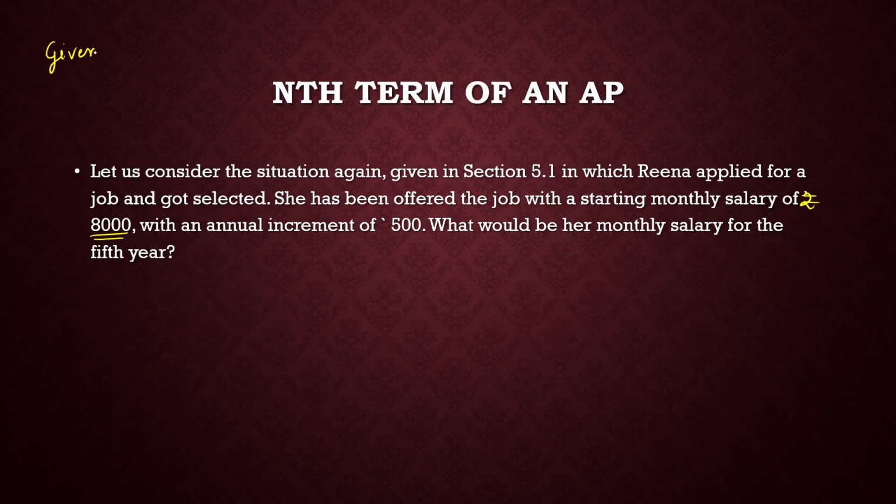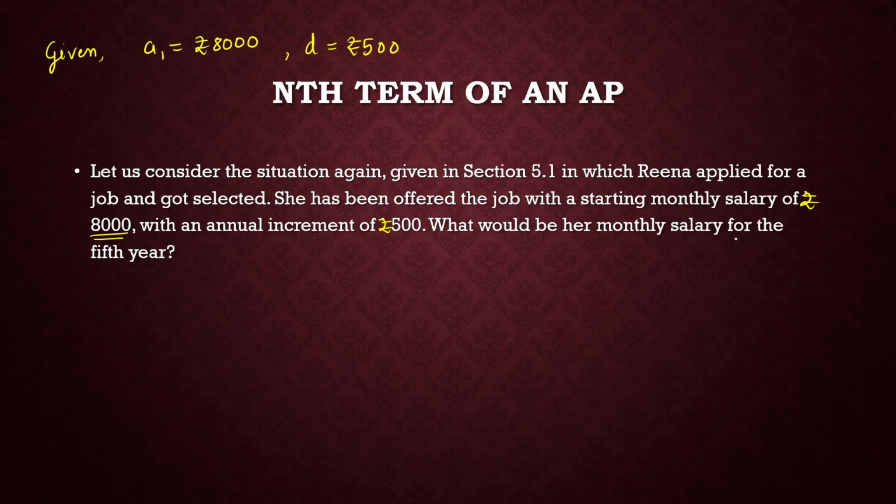So always write the given: A1 is equal to rupees 8,000, with an annual increment of rupees 500. So each year her salary is getting increased by rupees 500. This shows us that the value of common difference is rupees 500.